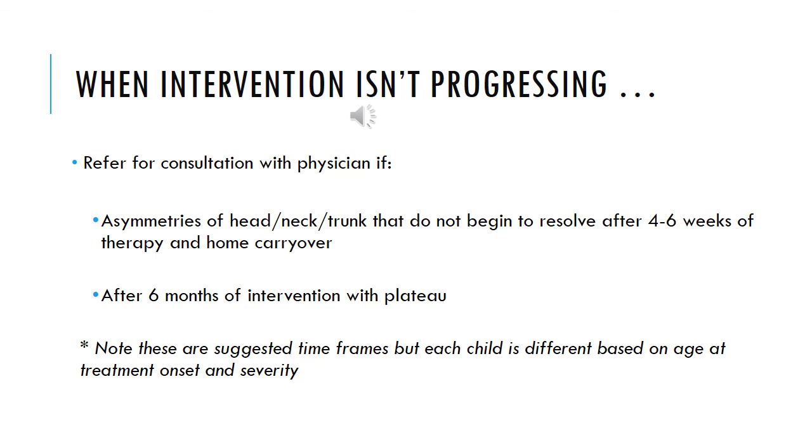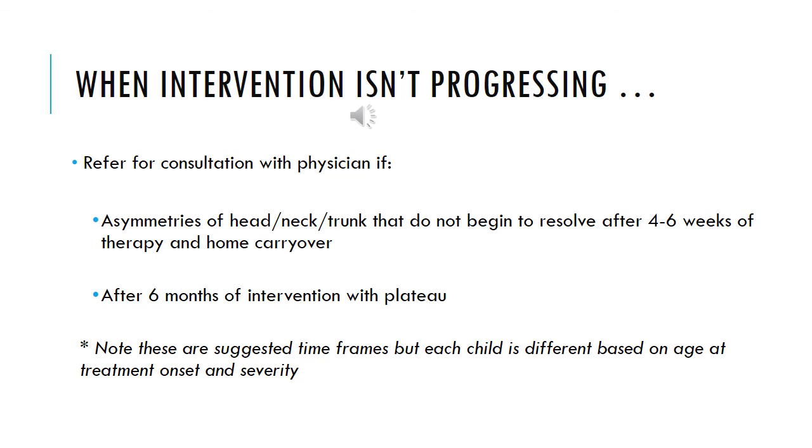So they may be a candidate for Botox or perhaps even surgical intervention. But again, that 4 to 6 weeks is kind of a loose time frame because we would expect it to take longer than that if the child began therapy older and is higher on that severity level.